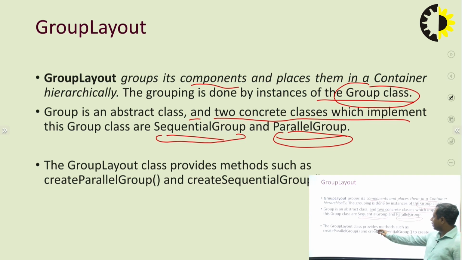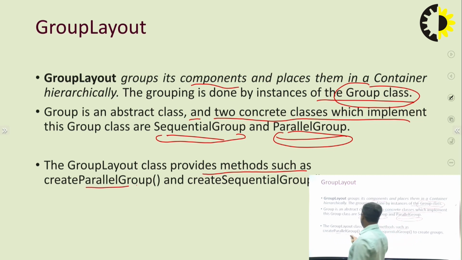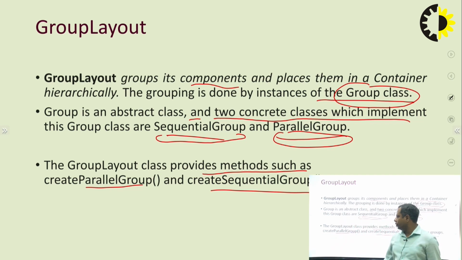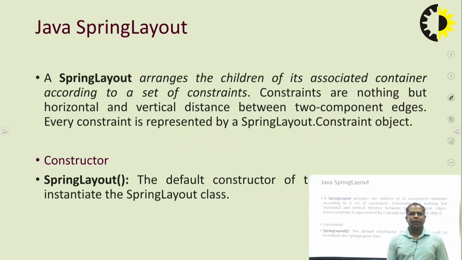The group layout class provides methods such as create parallel group and create sequential group to create groups. That means if you want to create a group, we will use two methods. First is create parallel group, second is create sequential group method. Java Spring layout.